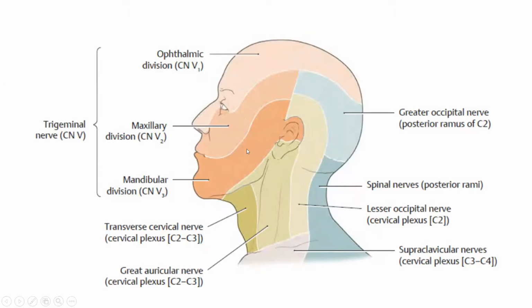So be careful: the posterior rami of the spinal nerve segments C1, C2, C3 have specific names: suboccipital, greater occipital, and third occipital nerve. The others are just called the dorsal branch of the spinal nerve, C4, C5, and so on.